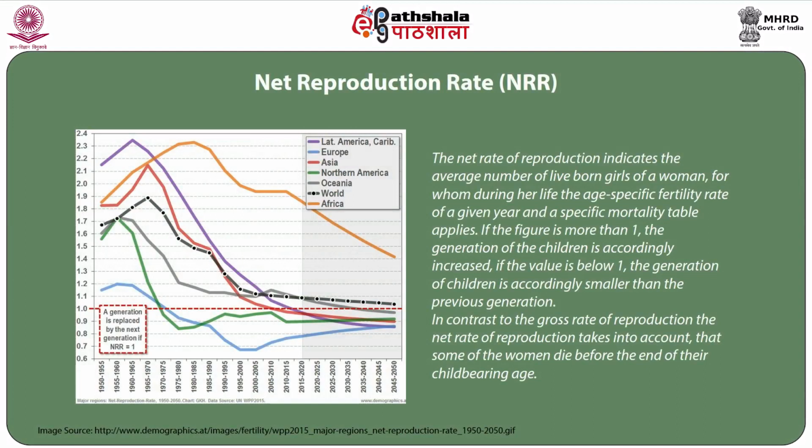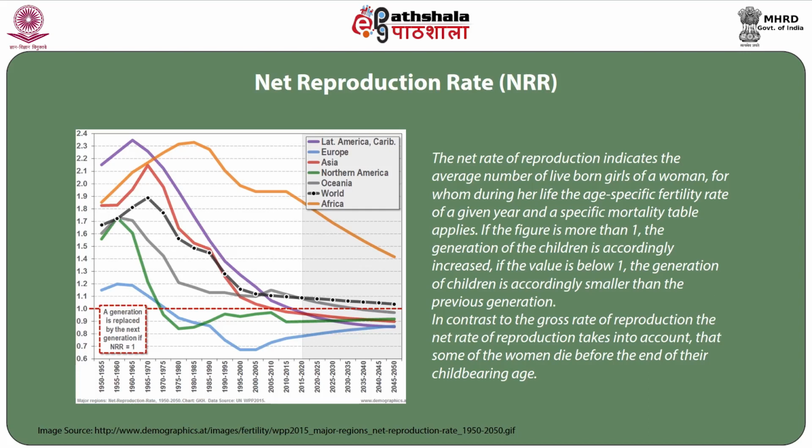The net rate of reproduction indicates the average number of live-born girls of a woman for whom, during her entire reproductive life, the age-specific fertility rate of a given year and a specific mortality table apply to this cohort. If the figure is more than 1, the generation of the children is accordingly increased.